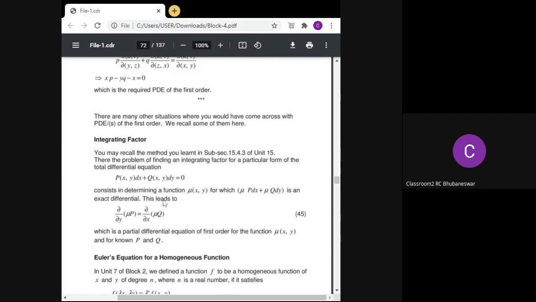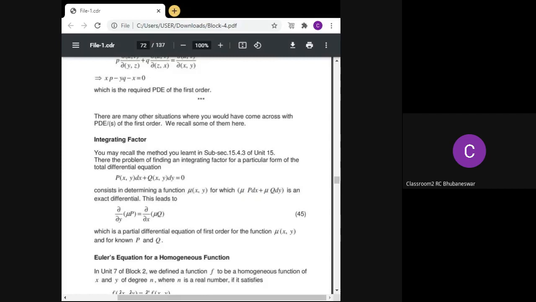Now we have to determine a function mu of x y in such a way that the expression mu P dx plus mu Q dy must be an exact differential. If that is an exact differential, we will be able to represent it in the form del by del y of mu P equals del by del x of mu Q. Once we can represent it in that particular form, it is very easy to integrate and find the solutions of the corresponding differential equation.